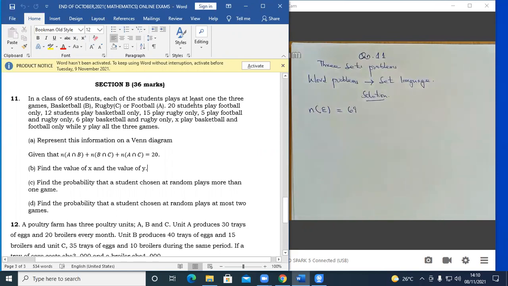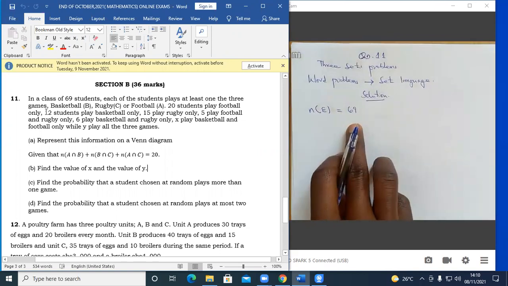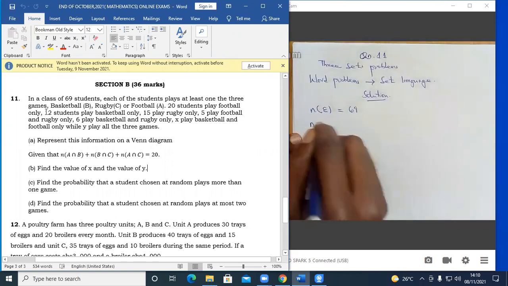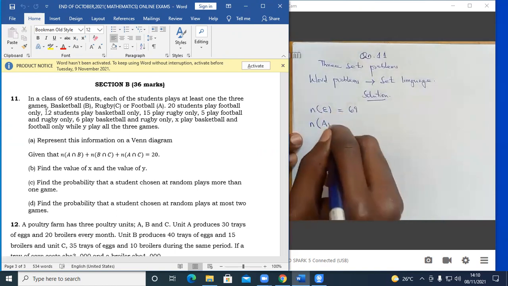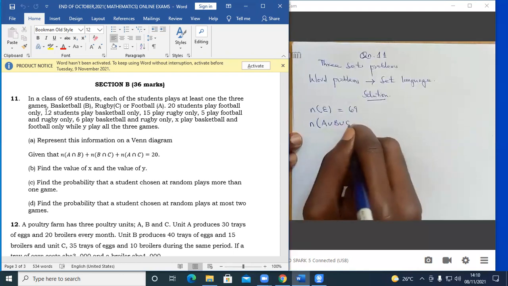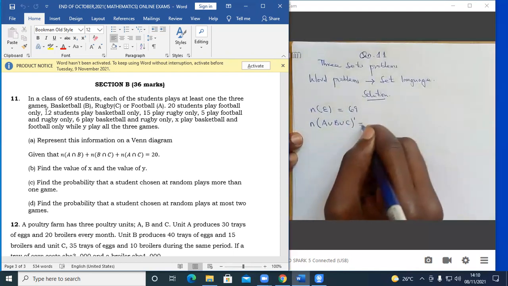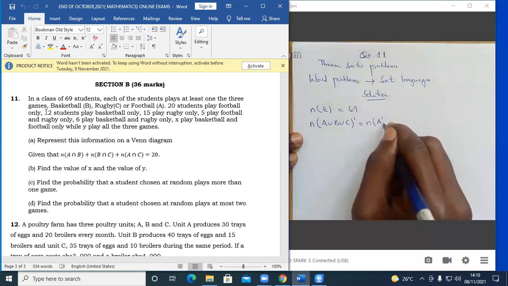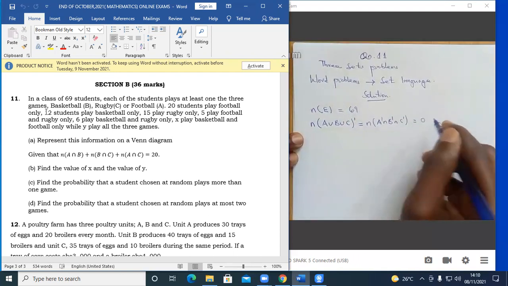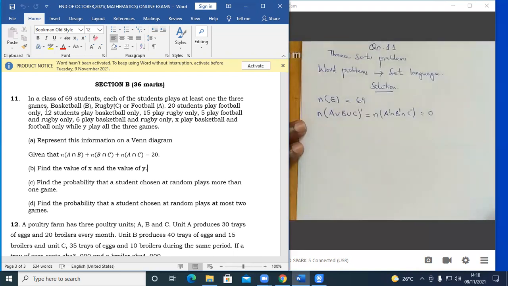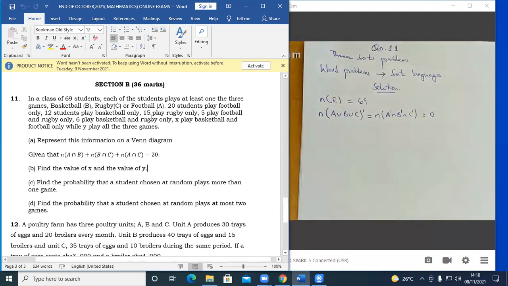Each of the students plays at least one of the 3 games, which means all the 69 belong to at least one game, which implies that number (A union B union C) complement, which is the same as A complement intersection B complement intersection C complement, is equal to 0. Which means all the 69 must belong somewhere.